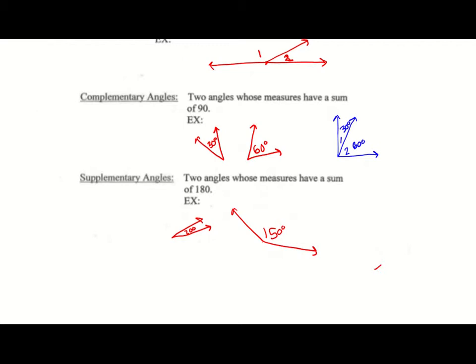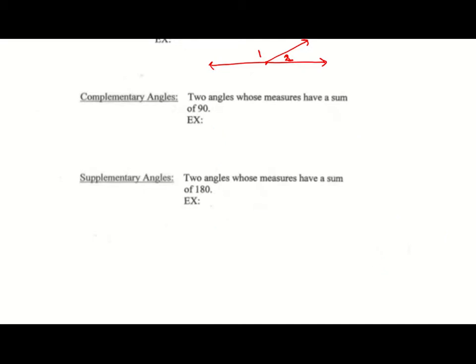Now I also could have angles that form a linear pair and are supplementary. So if this one was 140 degrees, this was 40 degrees, they would be a linear pair and supplementary. Okay, so those are the important angle pairs that we are going to talk about for now.